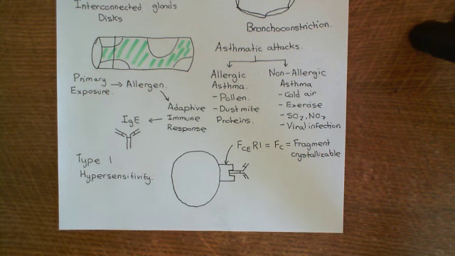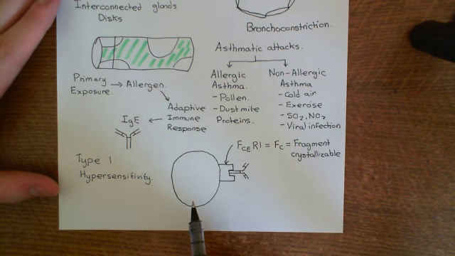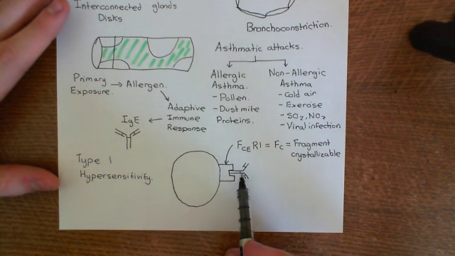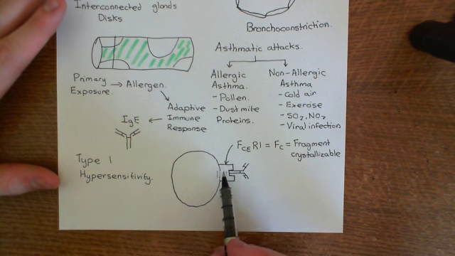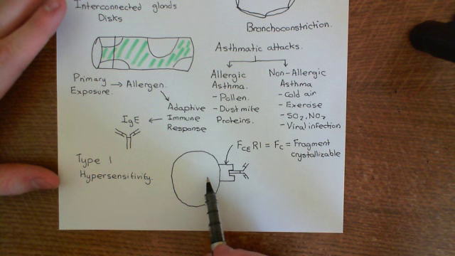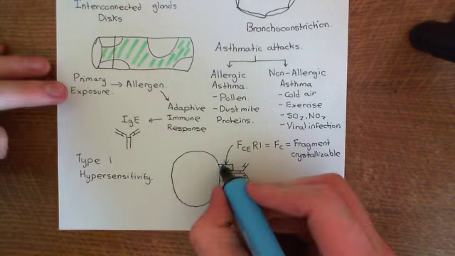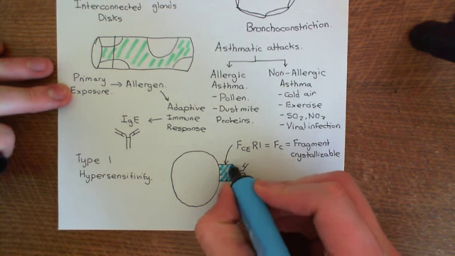Well, when you produce this immunoglobulin E, certain cells that are within the lamina propria of the bronchi can have this IgE mounted on their surface, okay? So the fixed region of IgE molecules can bind to a receptor that is on the surface of mast cells in the lamina propria. Okay, and we've discussed that this receptor is known as the Fc epsilon R1 receptor, which I'm showing here in blue.